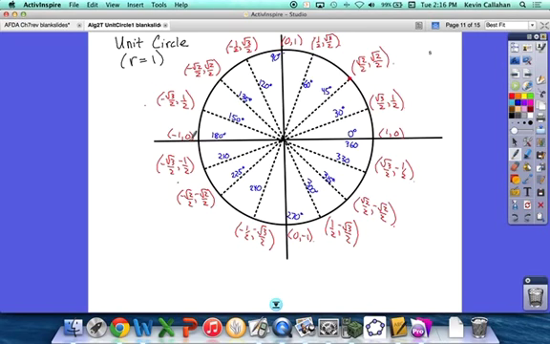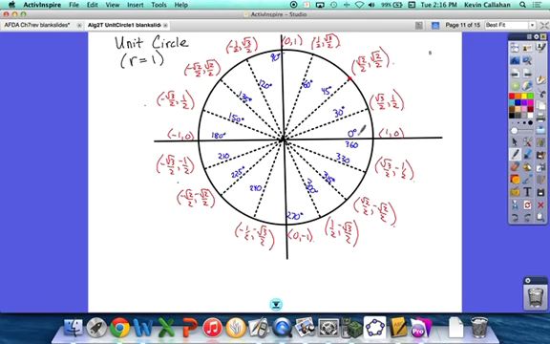Now we'll start with the y's: 0, positive 1/2, because y is positive in that quadrant, positive root 2 over 2, positive root 3 over 2, positive 1. Then I start here: 0, negative 1/2, negative root 2 over 2, negative root 3 over 2, negative 1, and so on. Just repeat, repeat, repeat.